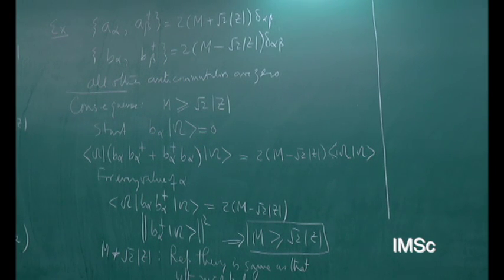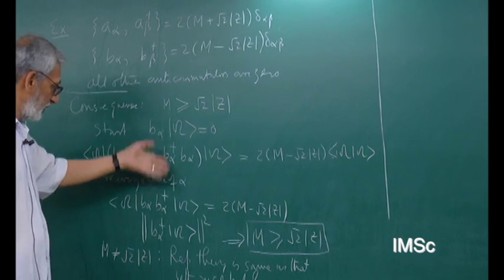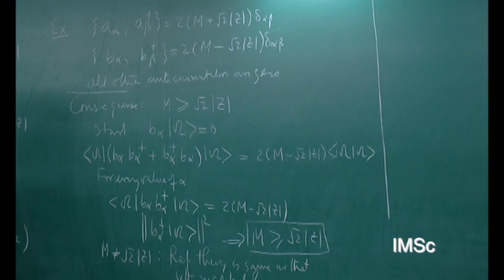Is it clear? The way we constructed the earlier representations, you can do that: start with a vacuum state and apply A oscillators and B oscillators on them and construct the representation. That is exactly the same as the one without central charges.